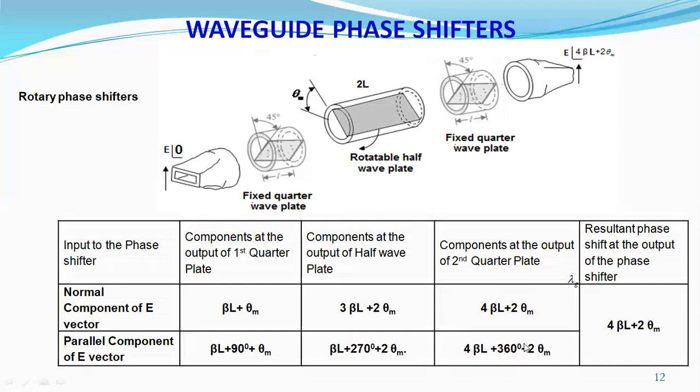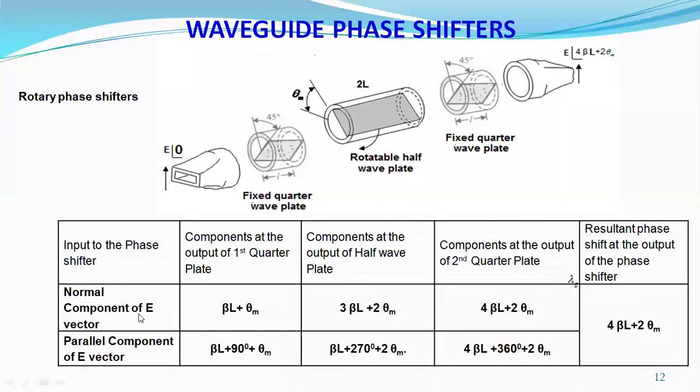Now apart from this, 360 degrees is added here. In the case where the E vector is parallel to the parallel component, there is no absorption. Because of that, 90, 180 plus 180, an additional 360 degrees is added to our microwave signal.